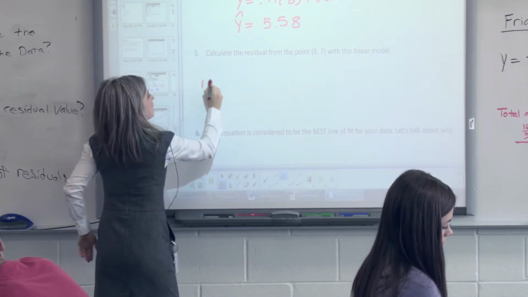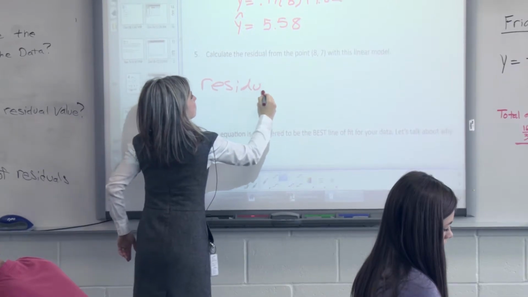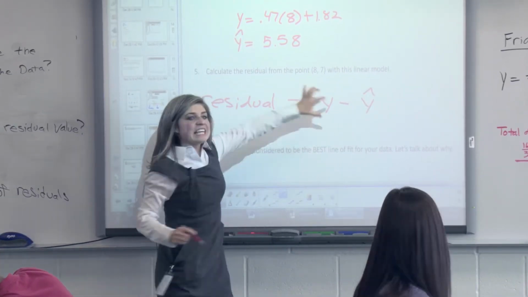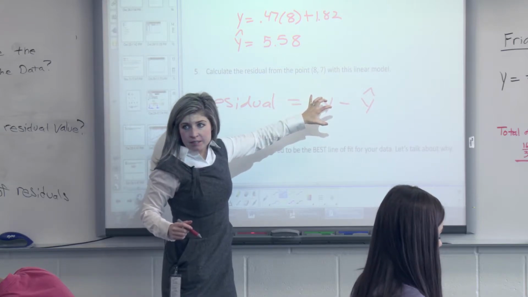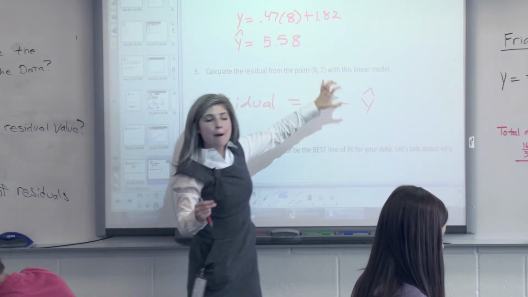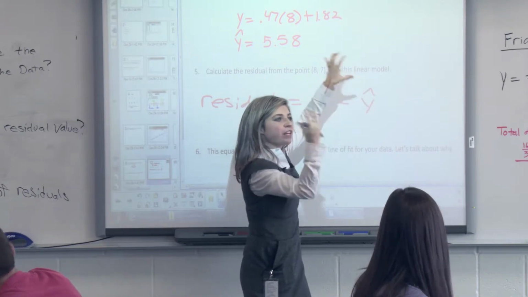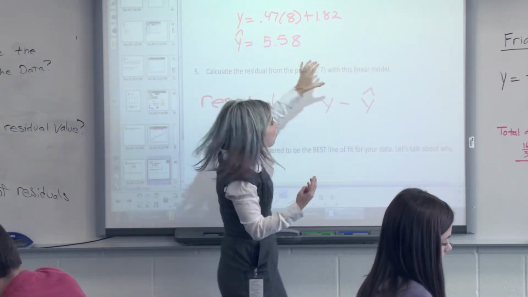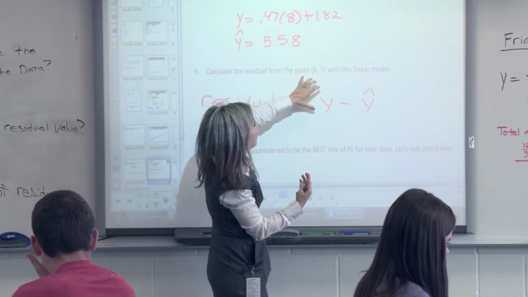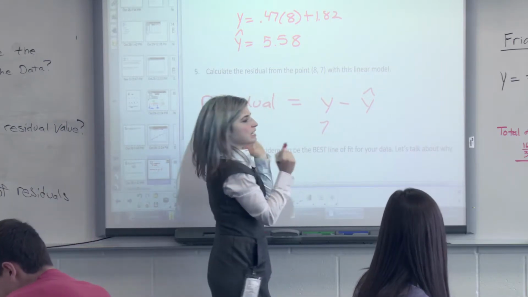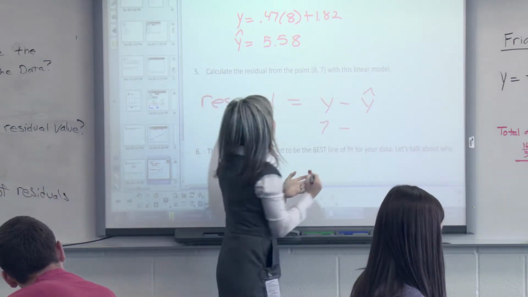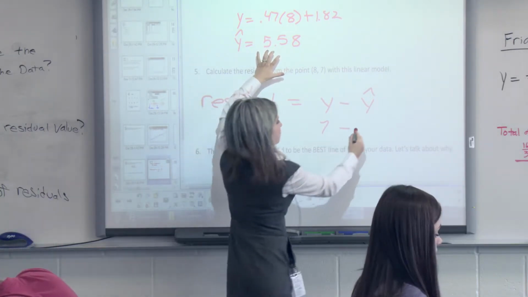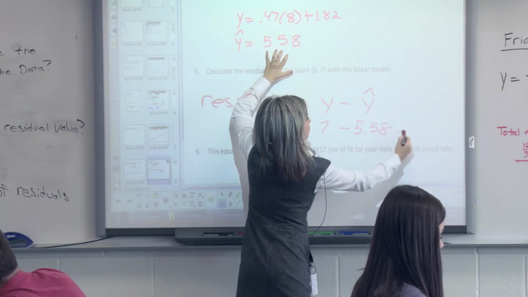The residual equals the actual output, some true fact, minus the number that we get from the prediction model. So we know that the data point for an 8-year-old has a shoe size of 7, minus, according to our equation, we get 5.58.